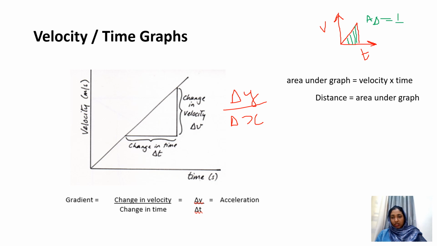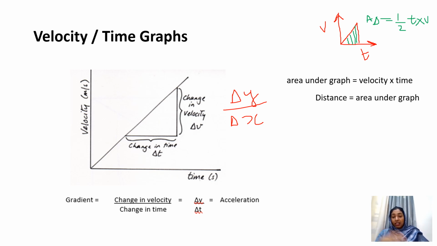Here base is time and velocity is height. So what is velocity into time? That is displacement. So area under the graph will give you distance or displacement.